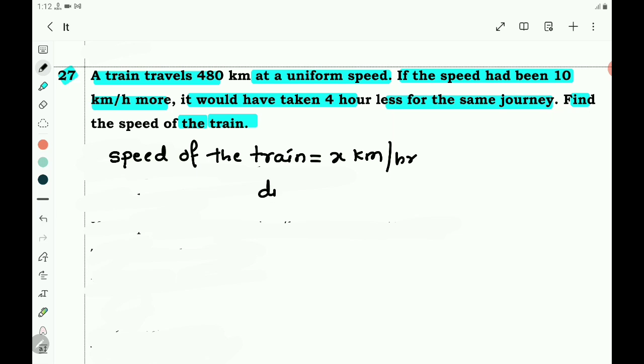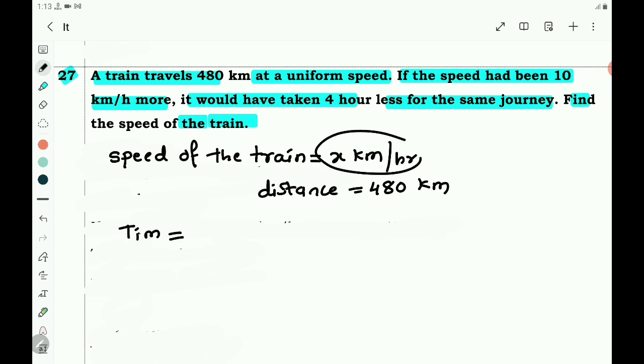Then you take distance equals 480 kilometer. Then time equals... if it travels with a speed of x kilometer per hour, then what is the time taken?